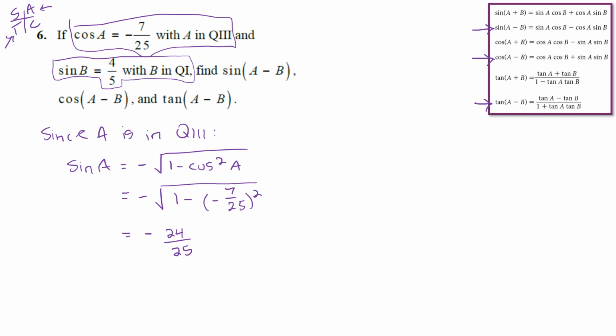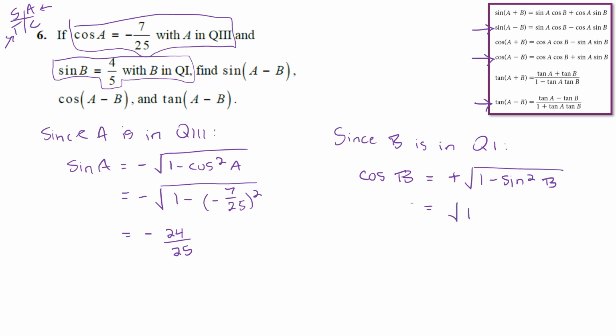Okay. Now, since B is in quadrant 1, we know that the cosine of B will be positive. So that will be the positive square root of 1 minus sine squared B. Okay. So we'll have the square root of 1 minus sine B, which is 4 over 5, and we'll square that value.